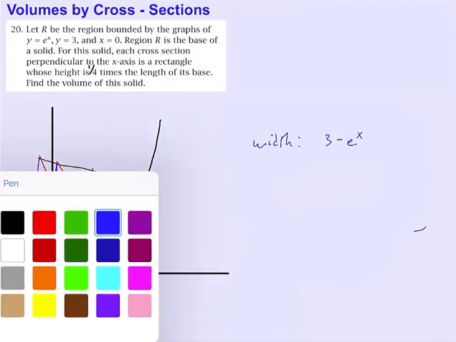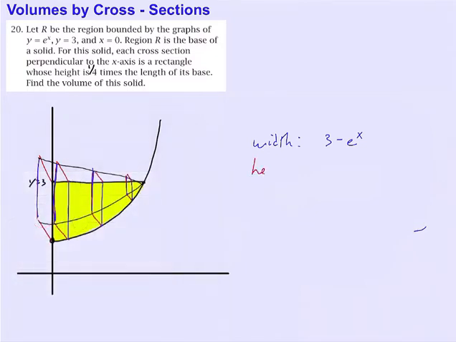But the height in red of my rectangle, the problem tells me, is 1/4 as big as the width. So I'll write that as 3 minus e to the x over 4. Sorry, just to be more consistent, I call it the width.